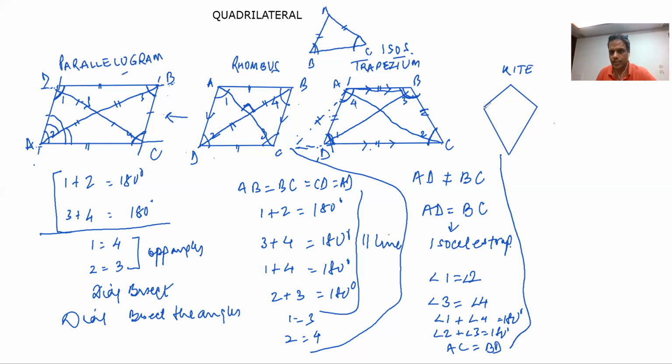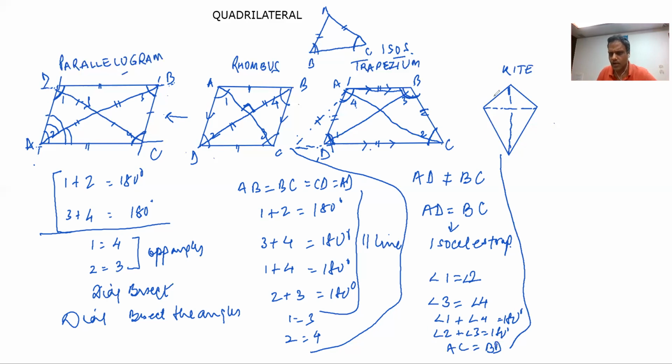A kite is actually kite-shaped, right? If I draw the two diagonals, then it actually takes the shape of a kite. What is the feature of a kite?